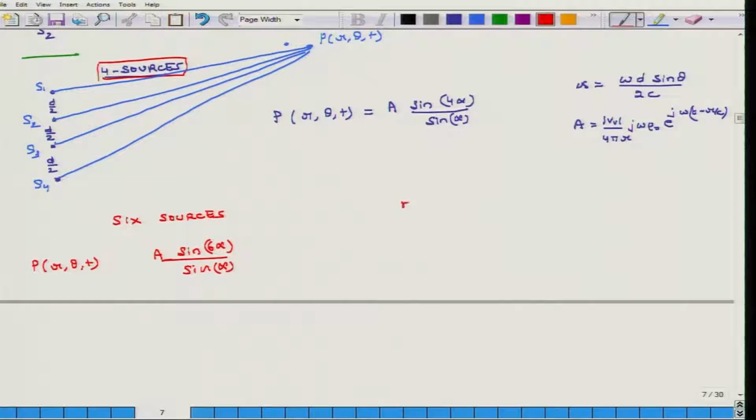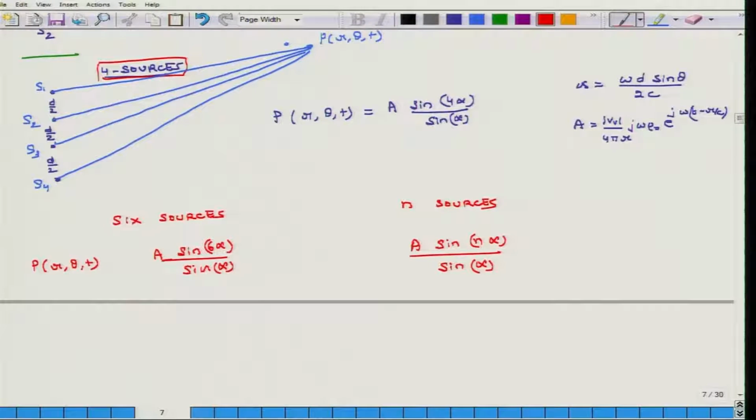So, if there are n sources and n is an even number, I can generalize this trend through the principle of mathematical induction. So, I can say it is equal to A sin n alpha divided by sin alpha.